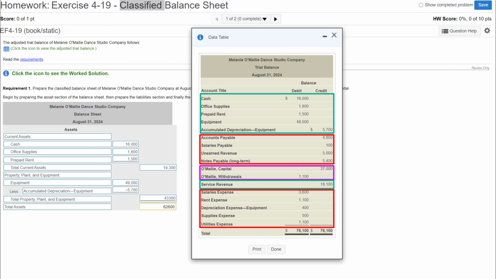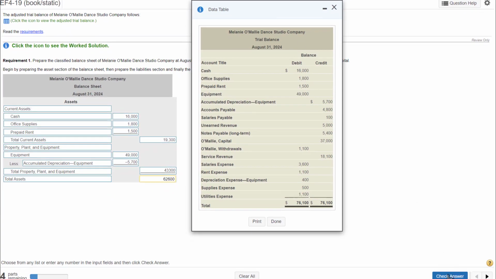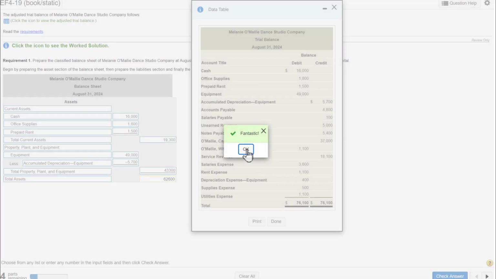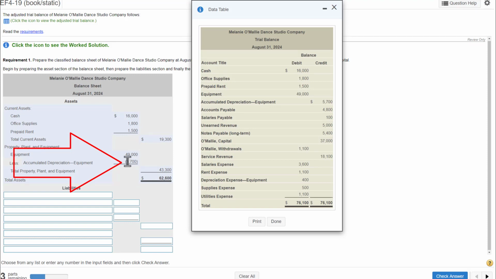Let me check my answer. Fantastic. Now watch as I click OK. It's probably going to remove my negative sign and put parentheses because that's the more formal way to do it. But notice it did accept that minus sign.